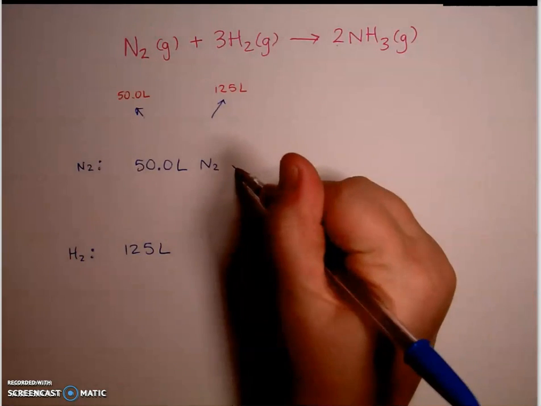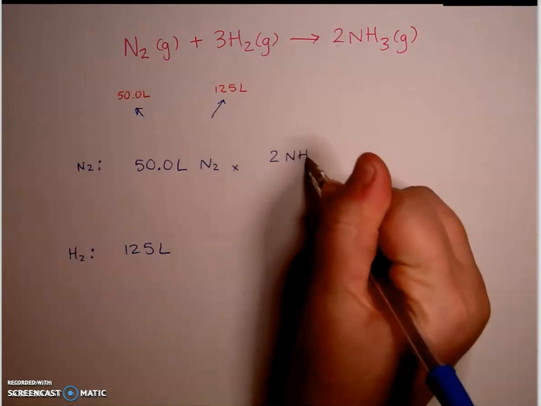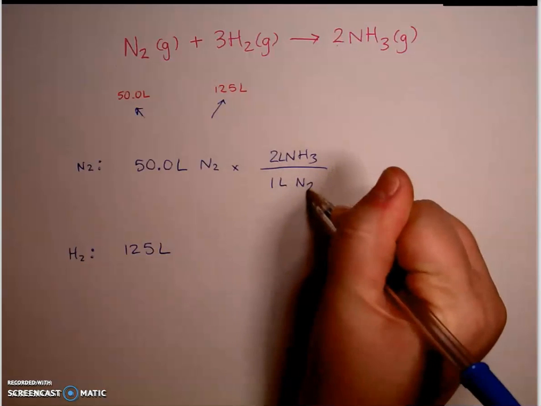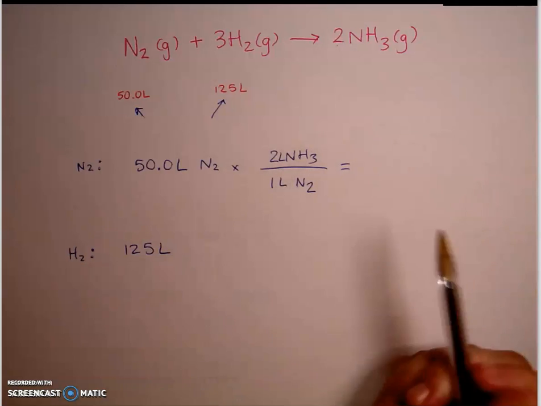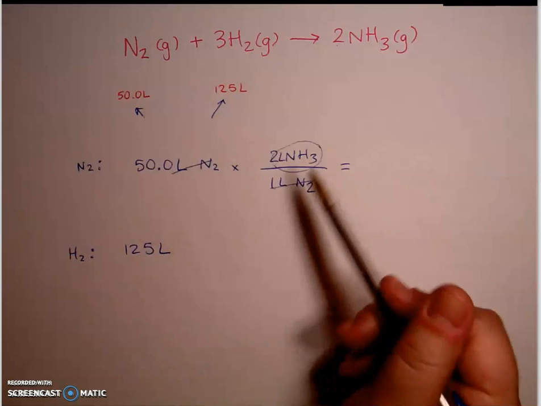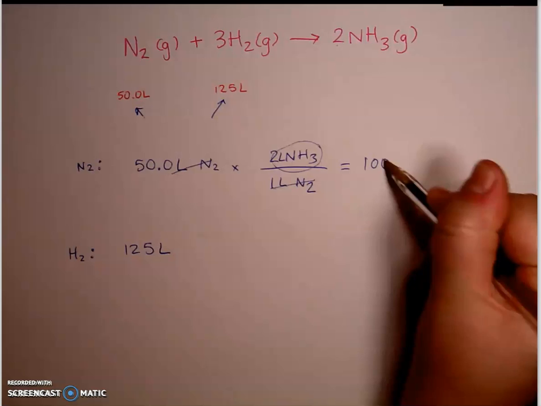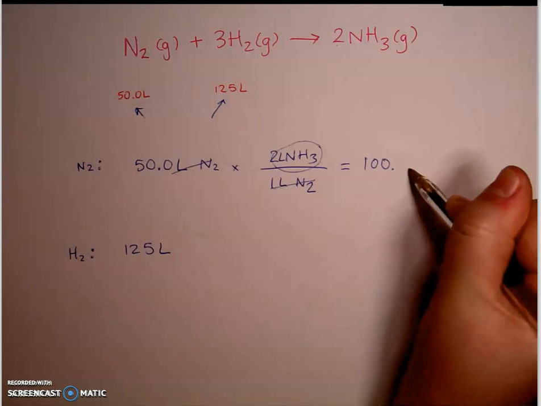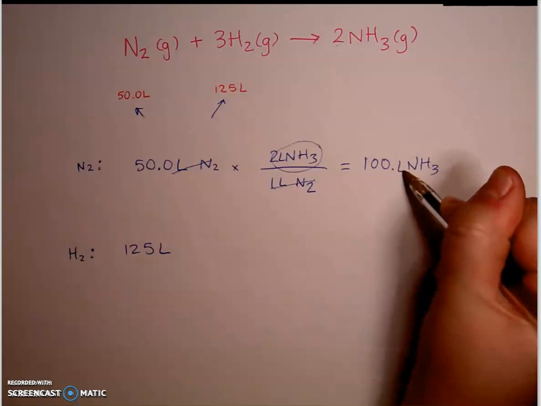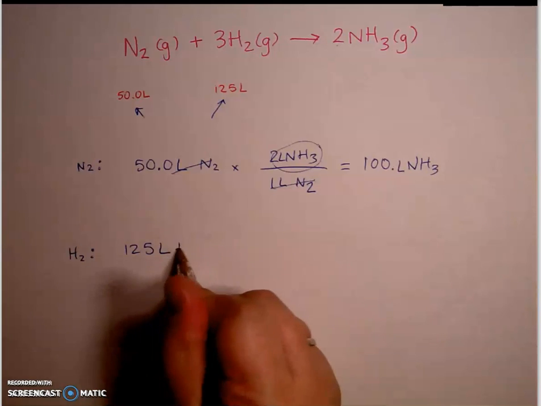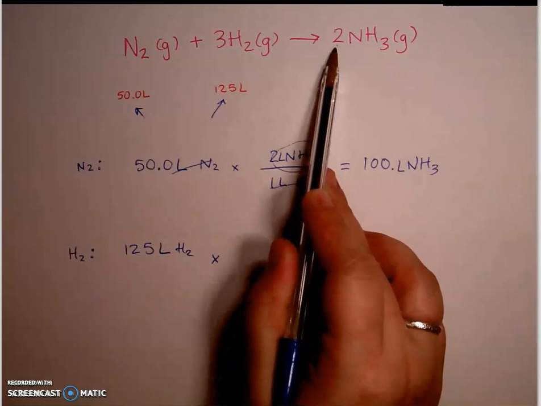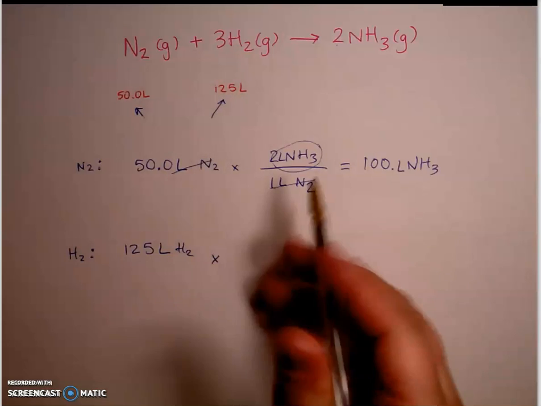So we've got 2 to 1. 2 liters of ammonia are produced for every 1 liter of nitrogen that reacts. And that cancels to give us liters of ammonia produced, and we find that it's 100 liters. I've included that decimal for 3 significant digits. The stoichiometric ratio between ammonia and hydrogen is 2 to 3.